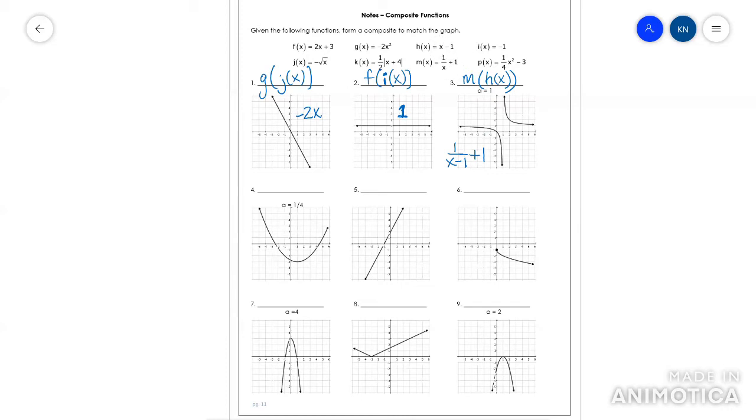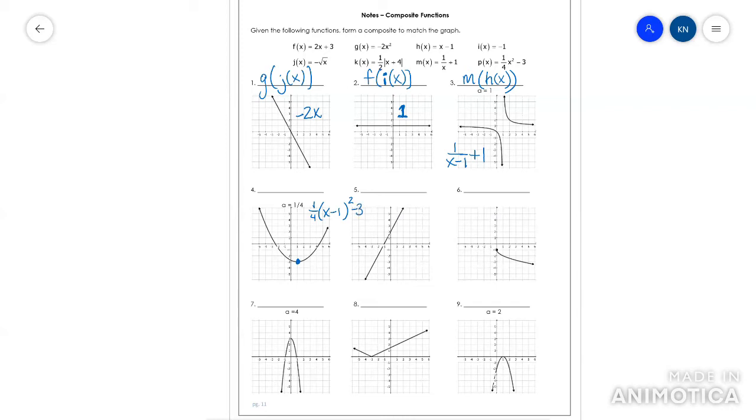Okay, moving right along. This next one, I know it's a quadratic, and they tell me a is a fourth. So I know it's going to be like a fourth x something squared. Did I shift left or right at all? Yes. My vertex, I shifted right 1, so x minus 1. And I shifted down 3, so minus 3.